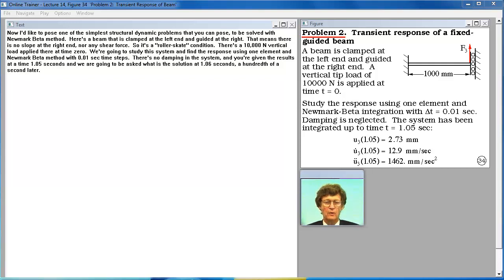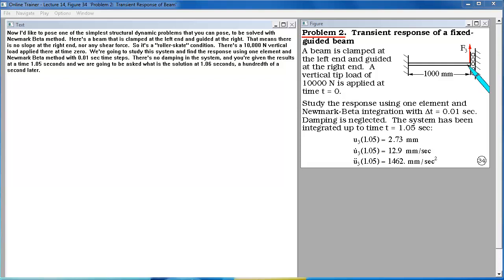Now I'd like to pose one of the simplest structural dynamic problems that you could pose to be solved with the Newmark Beta Method. Here's a beam that's clamped at the left end and guided at the right. That means there is no slope at the right end nor any shear force, so it's a roller skate condition. There's a 10,000 Newton vertical load applied there at time 0.